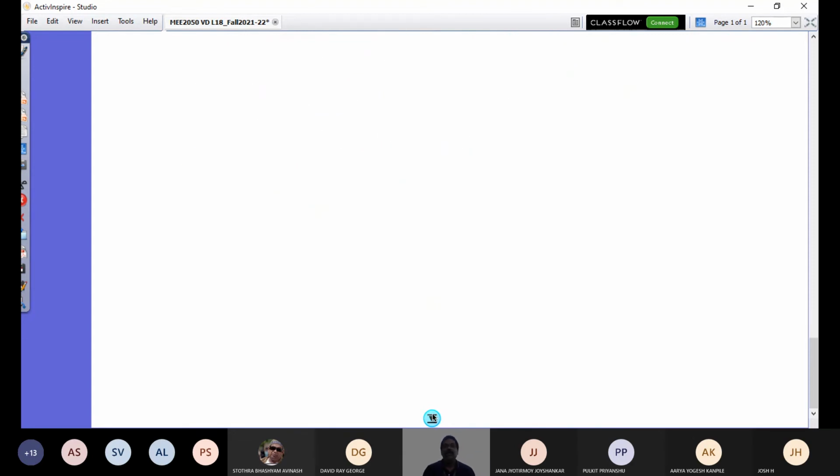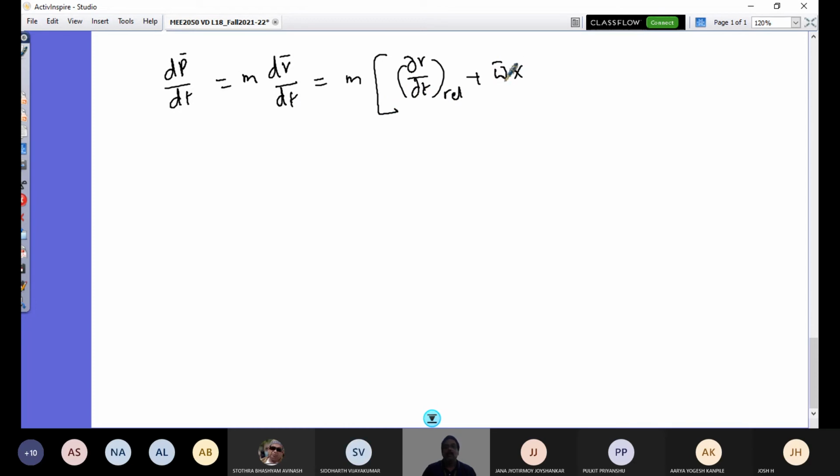So now it's just simple, straightforward. So dp by dt is my m dv by dt, and that's going to be m into dou v by dou t, the relative term, plus omega into velocity vector, the rotational effect of a body. And that's going to give me the force vector.